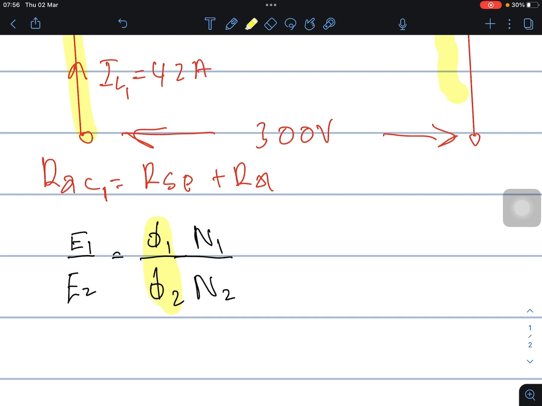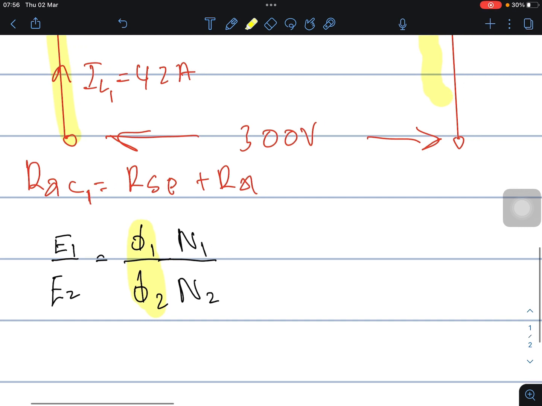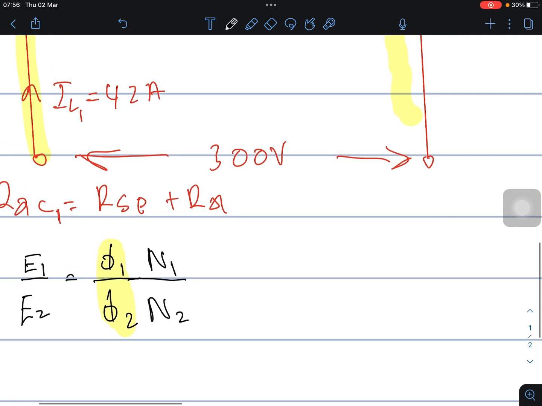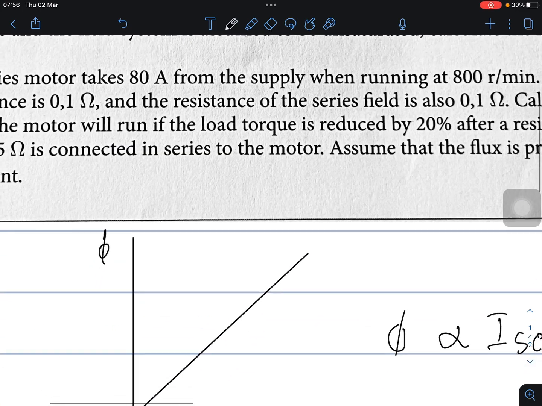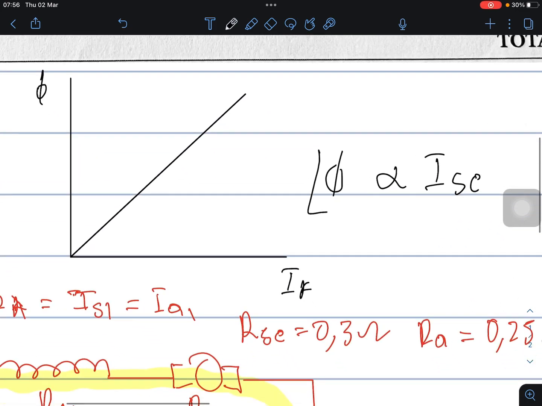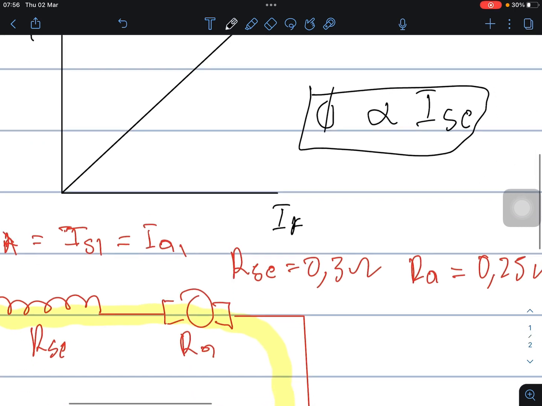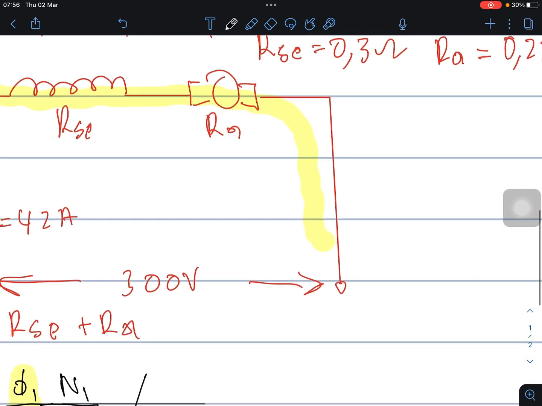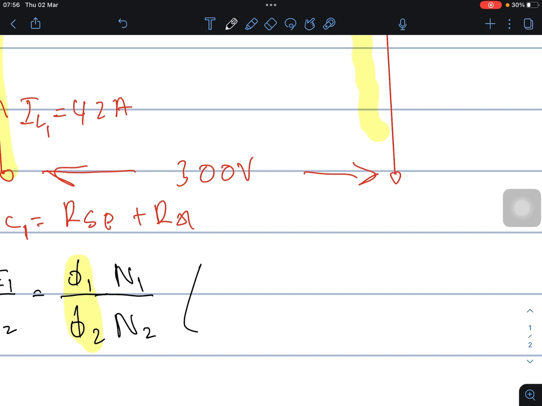We don't have the flux given, nothing is given for the flux. But we can analyze that, because remember, with a straight line magnetization curve, flux is directly proportional to the series field current.